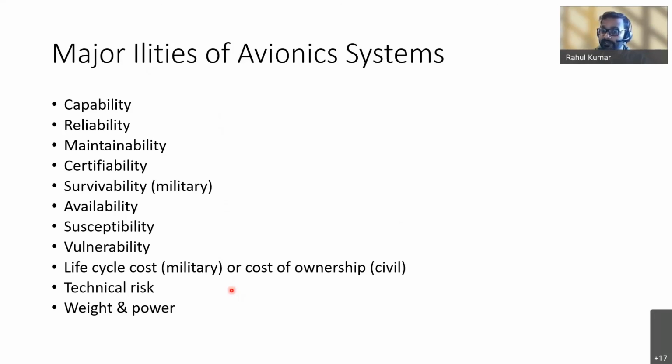These are some of the qualities which an avionic system should have. It should obviously be reliable. It should be maintainable. That is, if that avionic system stops working, you should be able to maintain it or repair it. Then there is certification.